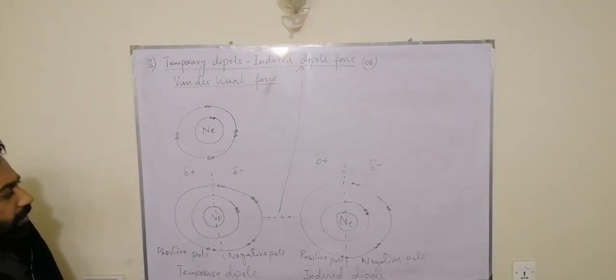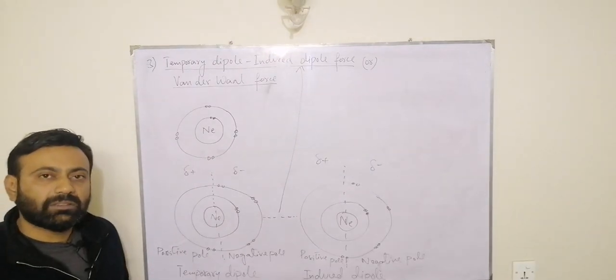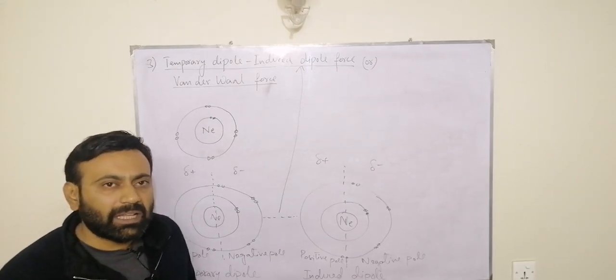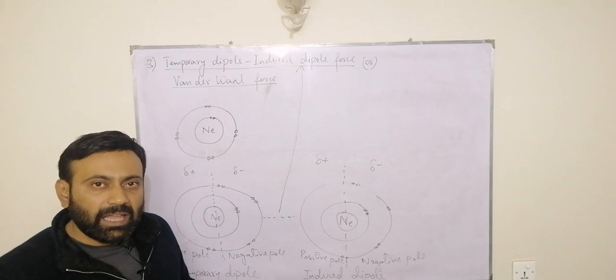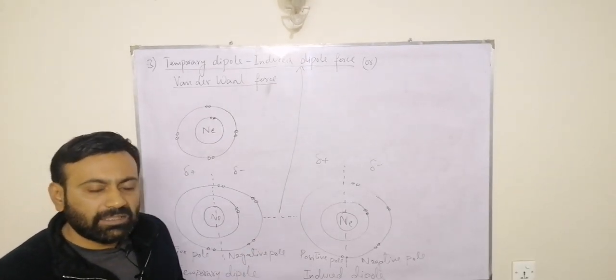Okay, so any molecule which is non-polar in nature, that means it is not making permanent dipoles, will have this force of attraction, temporary dipole induced dipole force, because they still have electrons.